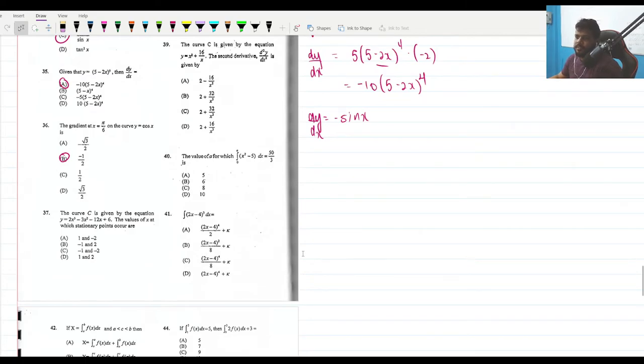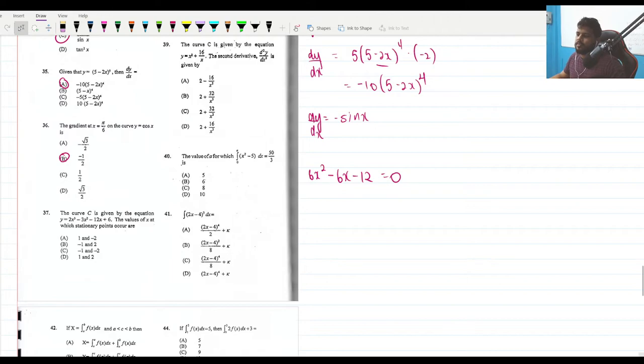The curve C is given by the equation, and the values of x at which the stationary points occur are, at stationary points, dy/dx equal to 0. Let me calculate dy/dx. That is 6x squared minus 6x minus 12. That is dy/dx at stationary points, equal to 0.